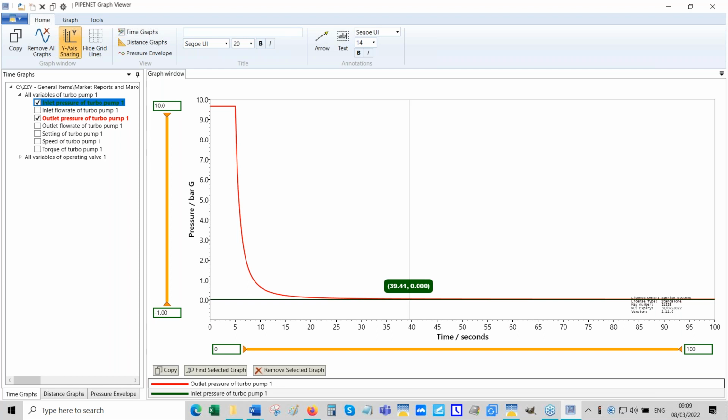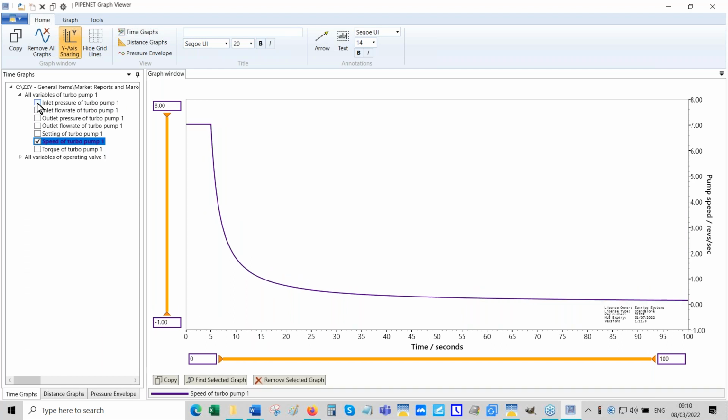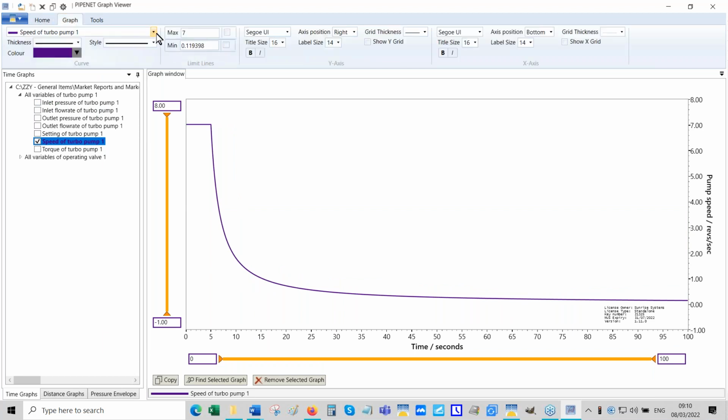But this is not a pathological case where you have reverse rotation and stuff like that. The pump speed, actually, you can see that's the axis. We'll remove those for clarity. Yeah, that's a 0 line.